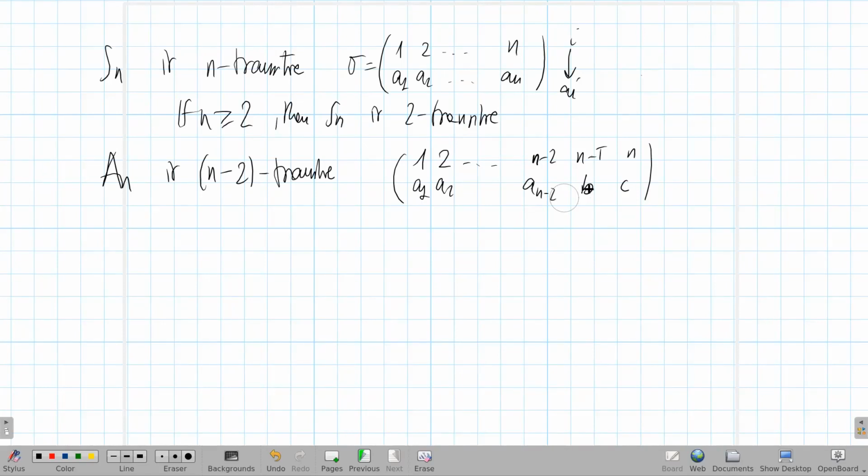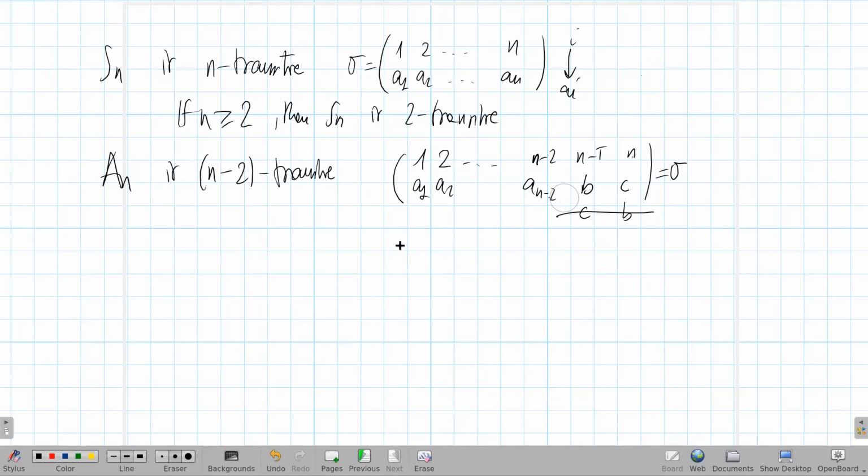Either you send n-1 to b and n to c, or you take n-1 to c and n to b. Consider this permutation sigma, the one that takes 1 to a_1, 2 to a_2, n-2 to a_(n-2), and so on.